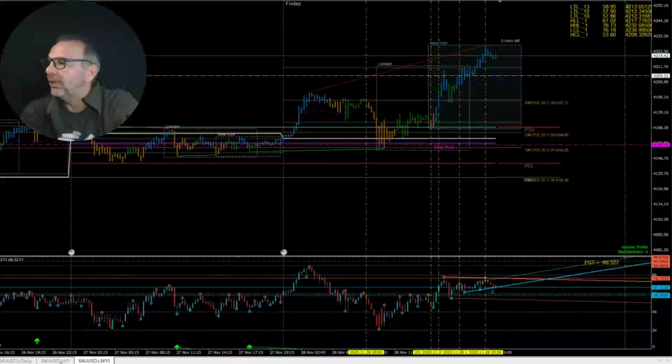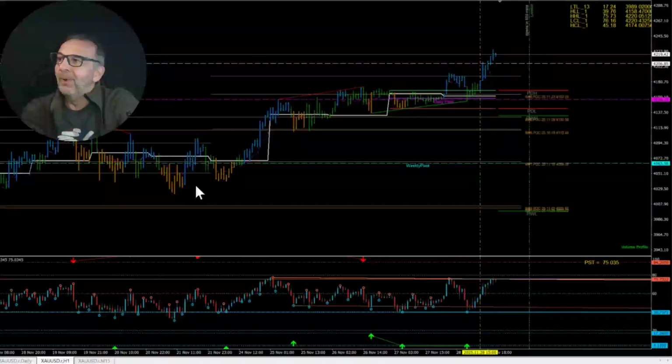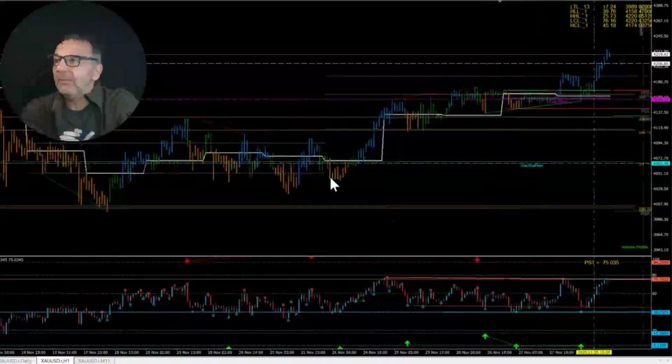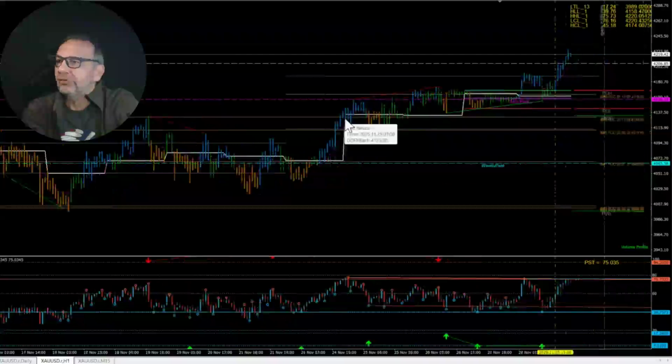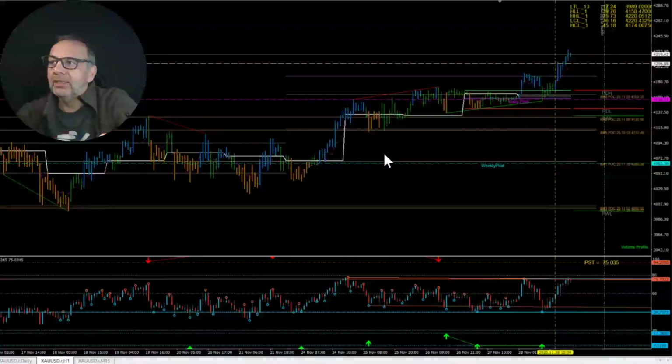Same with this one. On the 1 hour chart, you'll see these are weekly levels. If a market is going up, for example, this is gold, I want to know what those weekly volume levels are because I'm going to target them. And I'm going to target with time as well, not just price.